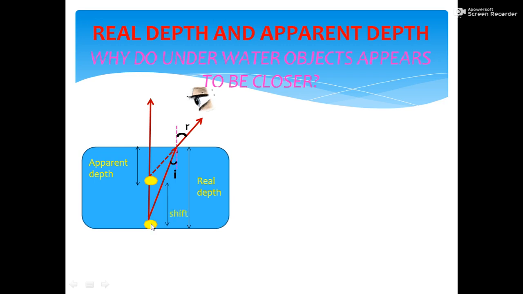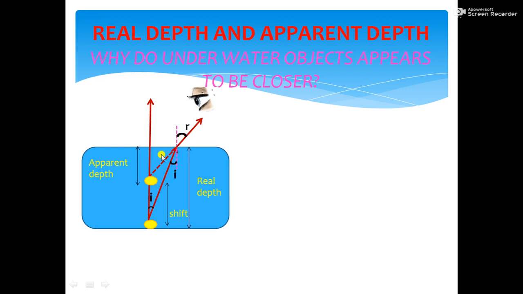That means the object is shifting this much distance. This is the shift. And if this angle is I, then this angle is also I, because they are alternate opposite angles.